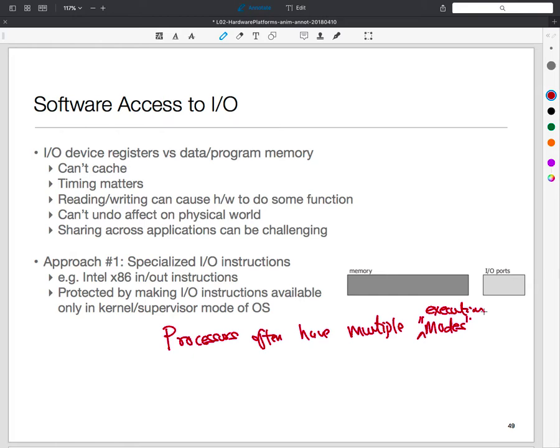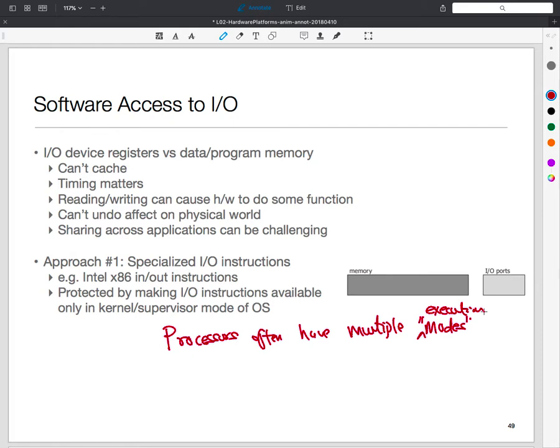Then they have ring 1, 2, 3, and normally in an operating system, ring 3 is where the applications run. In newer processors, there is an even more privileged mode, which is used to run so-called virtual machines. Virtual machines is where you can run multiple fake computers on top of a single computer, and each one of them can be running their own operating systems. So hardware provides support for all of these things.